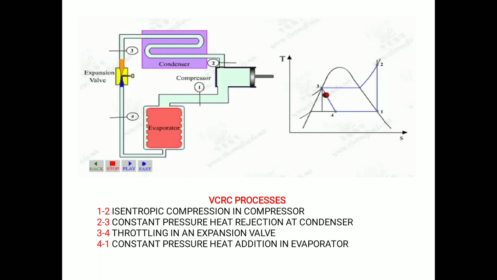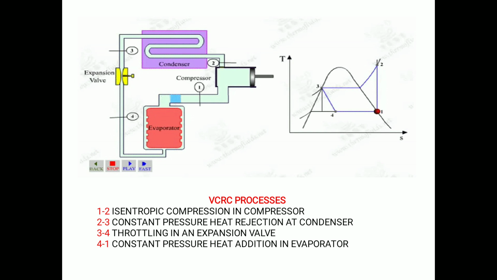After coming from the condenser, the refrigerant will be in a saturated liquid state, and this refrigerant is allowed to enter into expansion valve. After this, the refrigerant is allowed to enter into the evaporator. So this is how the refrigerant will circulate in vapor compression refrigeration cycle.